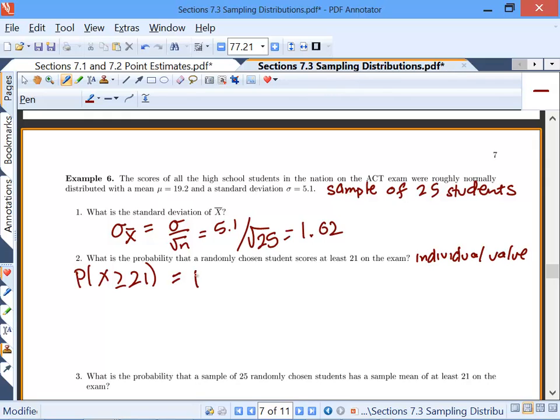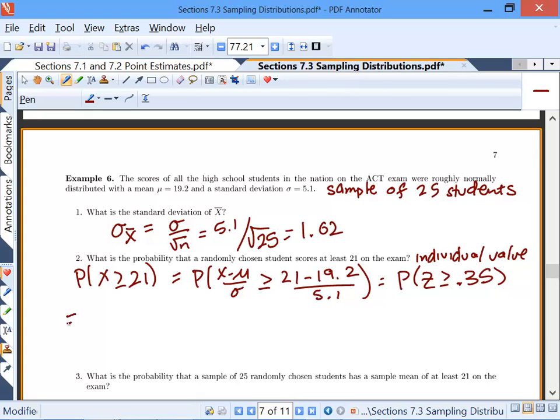So when I standardize this, it's still just x minus the mean over the standard deviation. So 21 minus my mean of 19.2 over the standard deviation of 5.1. So it's the probability that z is greater than or equal to 0.35.